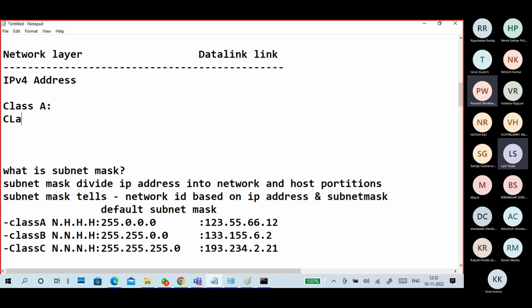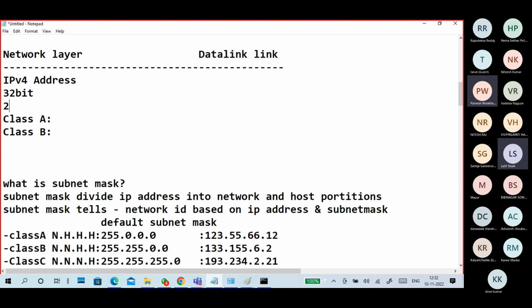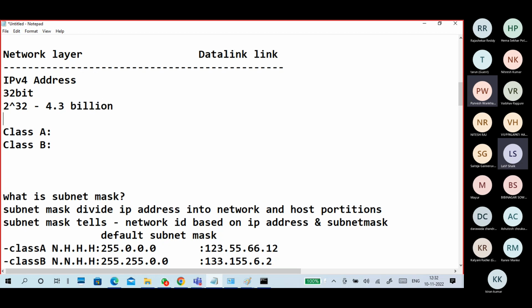So why should we divide these classes? IPv4 is 32-bit. 2 to the power of 32 is 4.3 billion IP addresses.